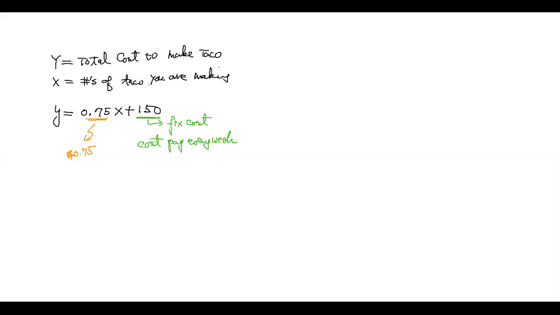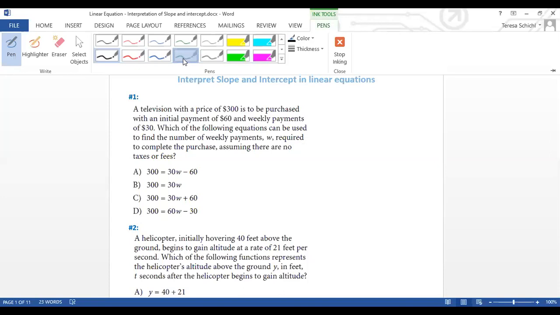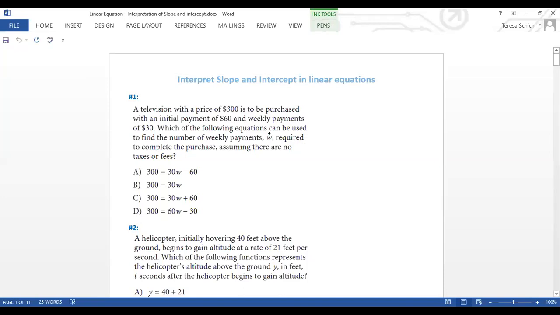Okay, let's start. So let me go to my worksheets. As you see, when you see an SAT problem, most of those types of problems will be word problems, so you need to highlight the things you want to pay attention to.